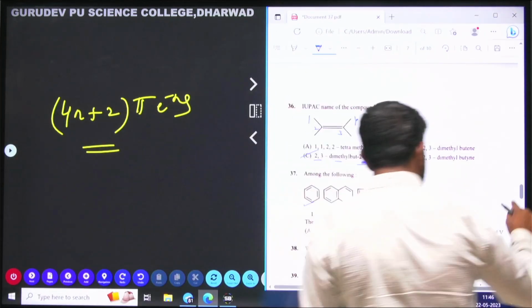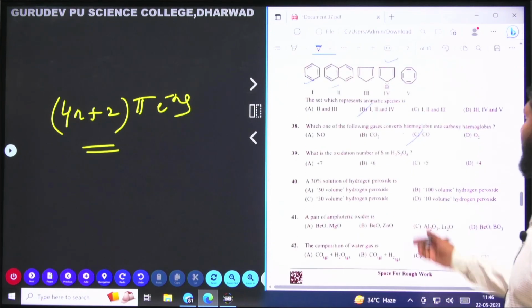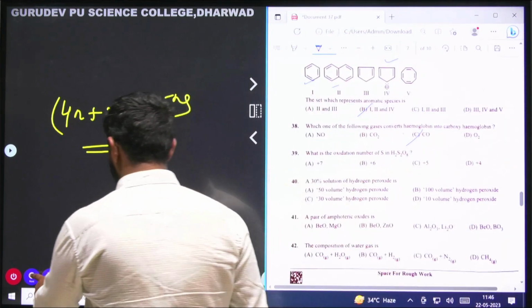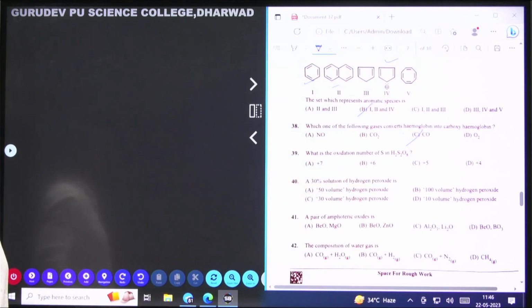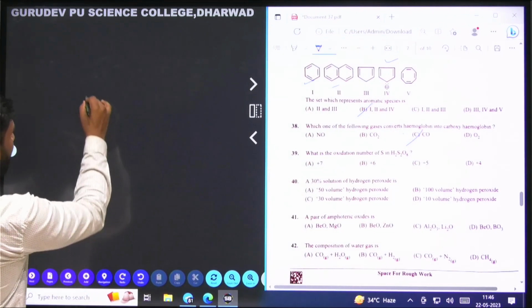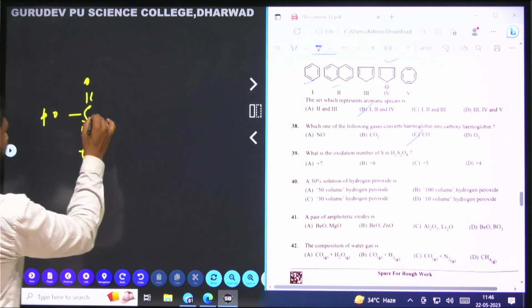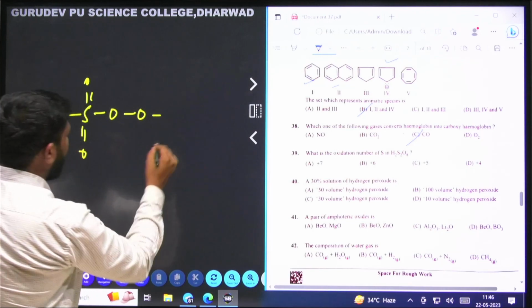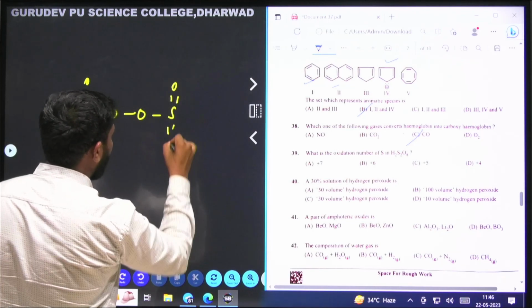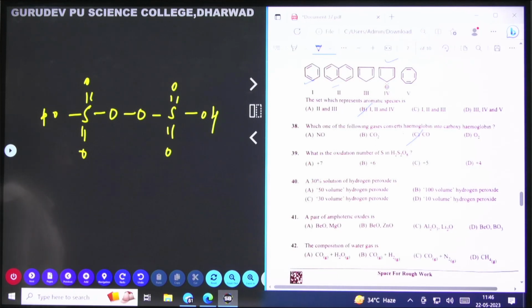Next question number 39. What is the oxidation number of sulfur in H2S2O8? We know the structure of H2S2O8: S double bond O, double bond O, OH, and the same on the other side.